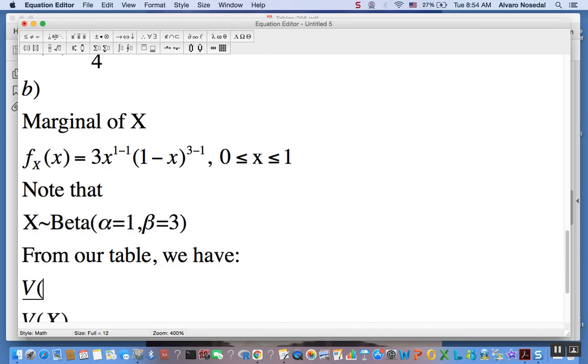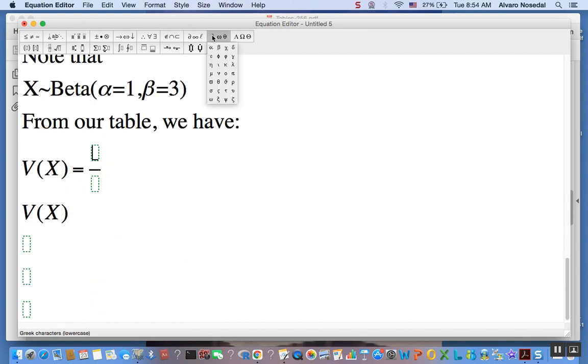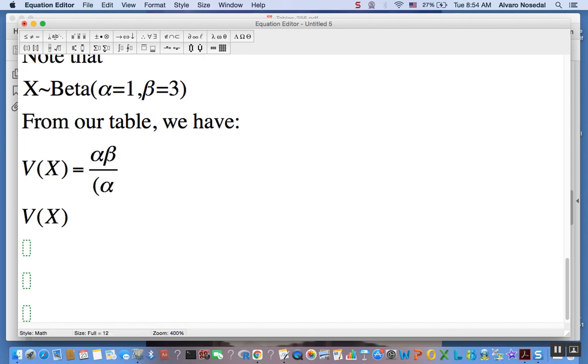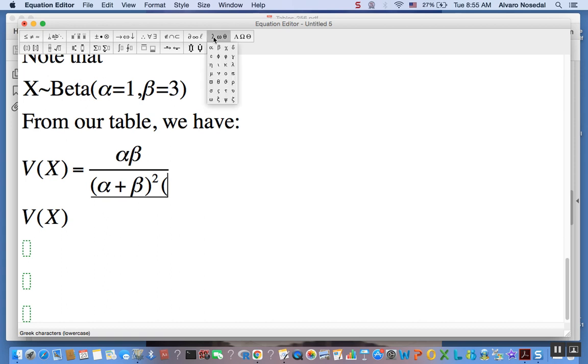So from our table, the variance of x equals alpha times beta divided by alpha plus beta squared times alpha plus beta plus 1.